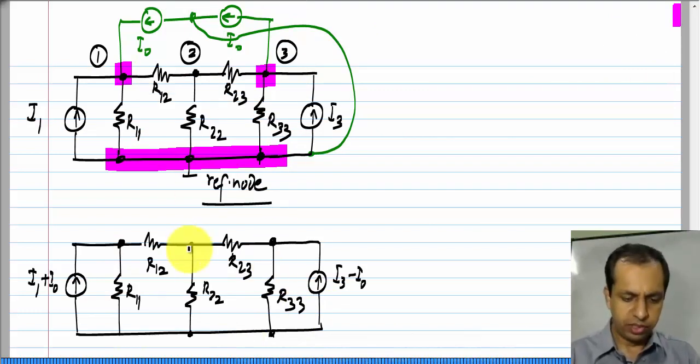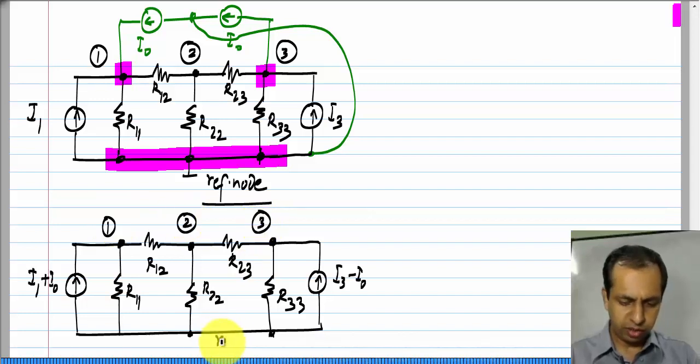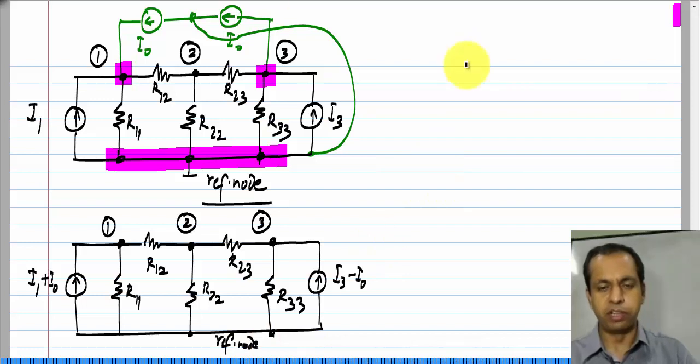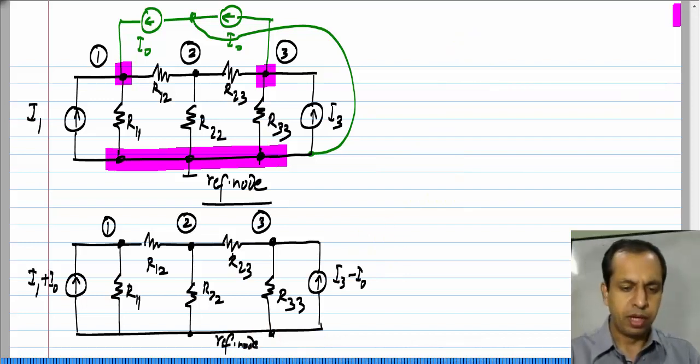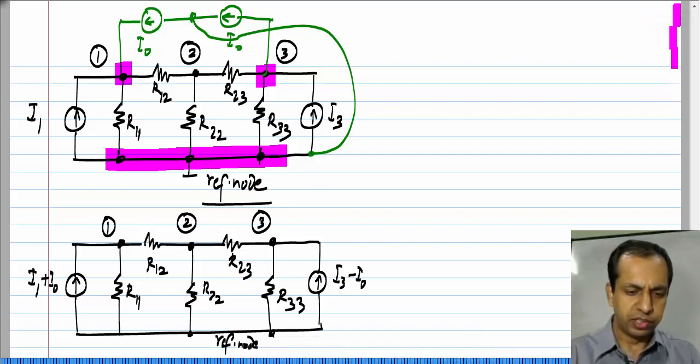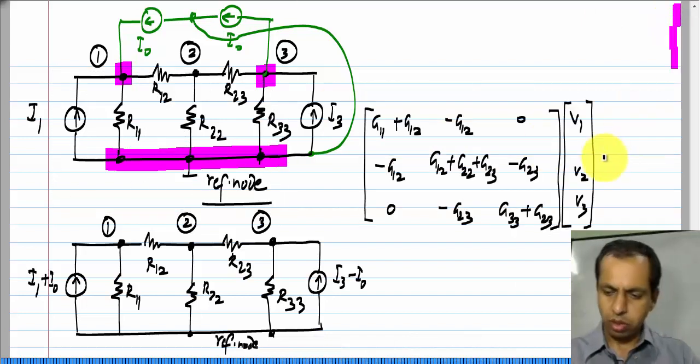They have exactly the same arrangement as before. This is node 1, 2, 3 and the reference node. So, the conductance matrix, basically the left hand side of the equation, remains the same. I will copy it over from the previous case. The only things that have changed are the current sources.